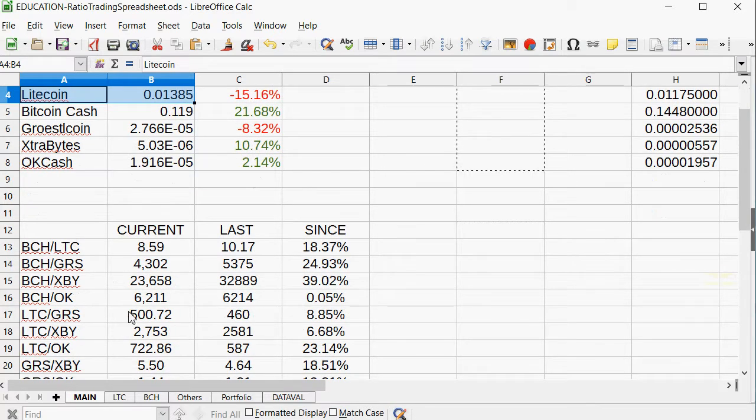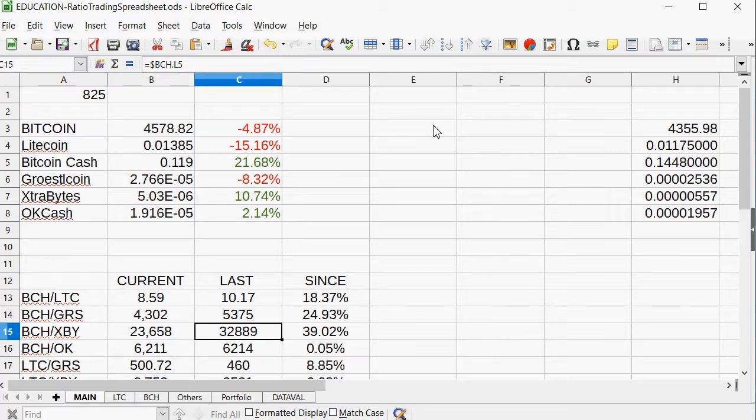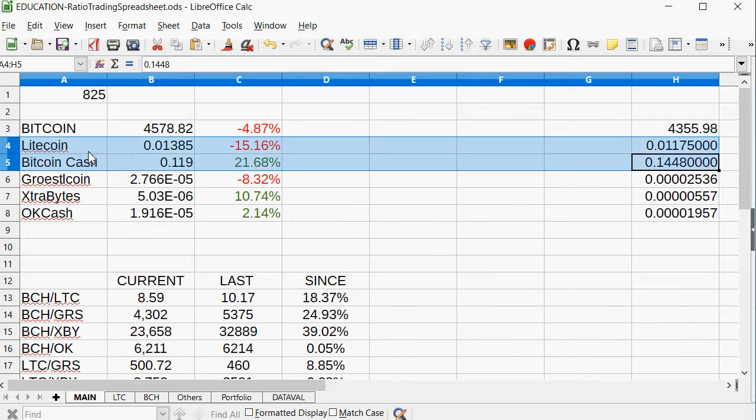Let's make sure this number's right. B5 divided by B7. Yeah? No. Equals, yeah, B5 divided by B7. Well, it is as it is, but anyway. Bitcoin Cash before was 4.